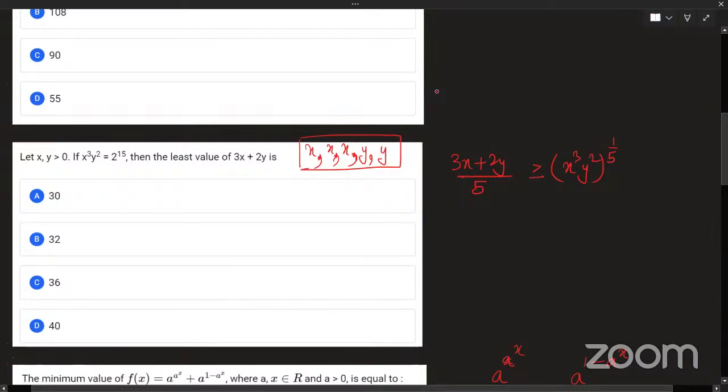Fine. Can you help me? x cube into y square raised to 1 by 5 is 2 raised to 15 into 1 by 5. So it is 2 raised to 3, which is 8. So what is my least value of 3x plus 2y? 5 into 8, 40.